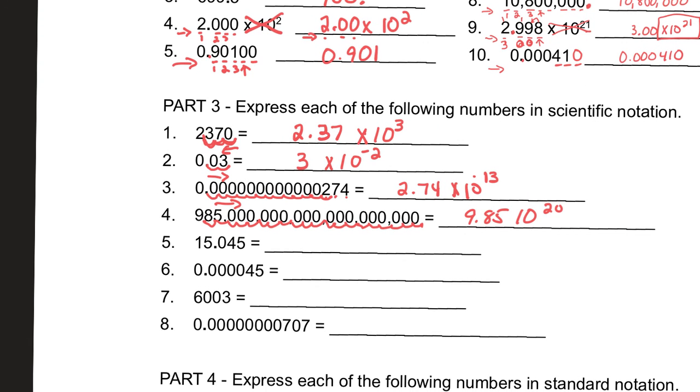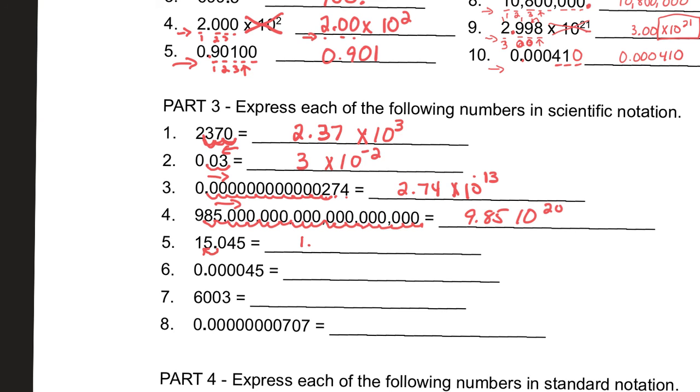For number 5, again, 15 is not between 1 and 10. I'm going to need to move this decimal point 1 place to the left. So this number originally has 5 significant figures, so I want to be sure that I have 5 significant figures when I'm done.